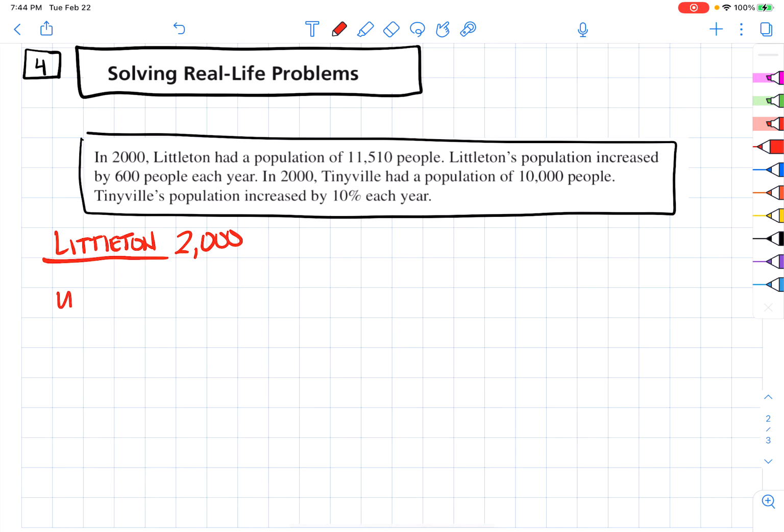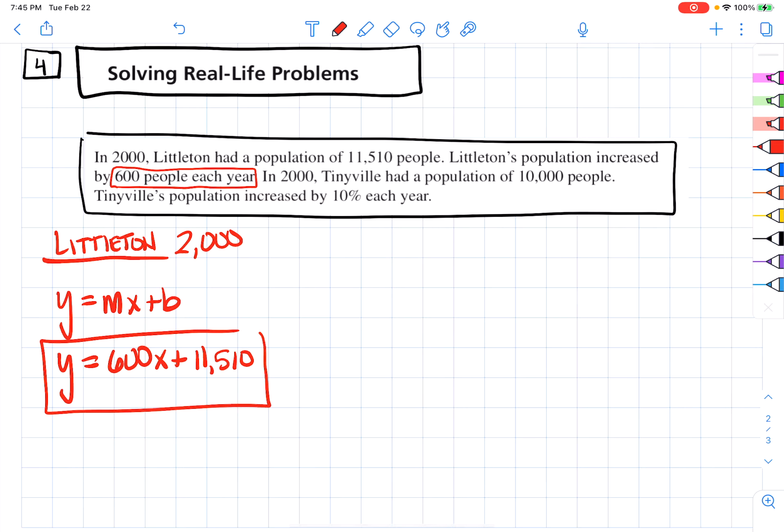So this is going to be a linear function. Y is equal to mx plus b. The reason I know it's a linear function is it says it increased by 600 people each year. That is a constant rate. So therefore, y is going to equal, our slope is 600, x, and then plus the original amount, which we had was 11,510. So this equation is a linear equation.